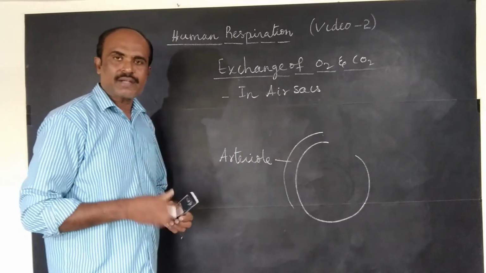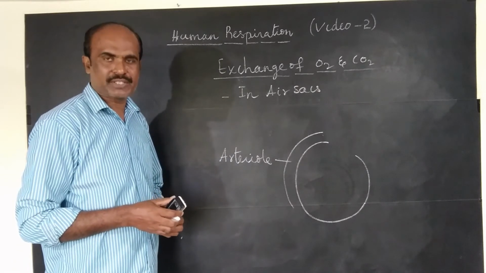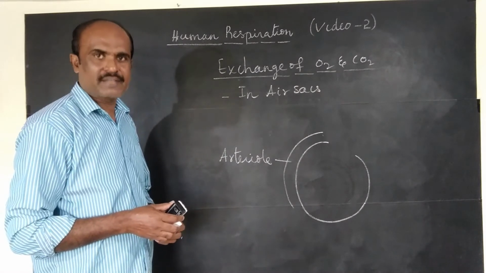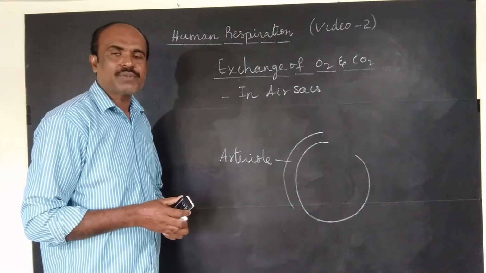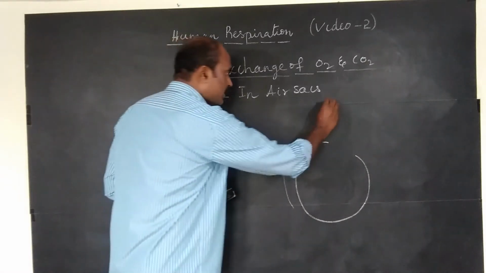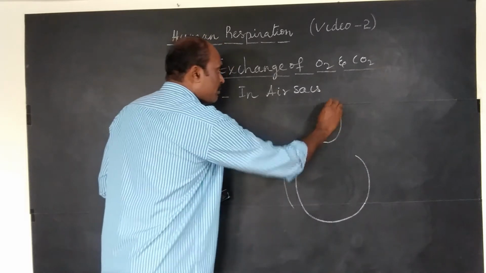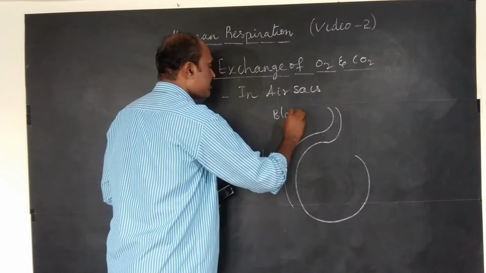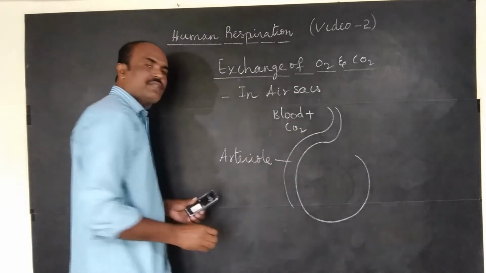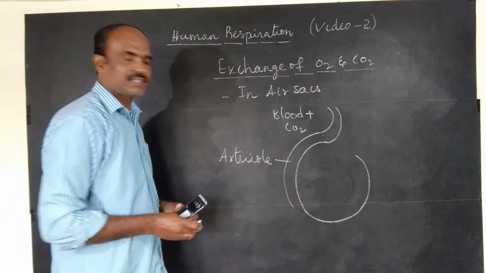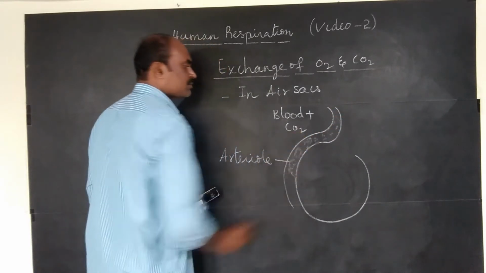From heart, blood with carbon dioxide is sent to lungs for purification through pulmonary artery. At air sacs, pulmonary artery divides into arterioles. Through these arterioles, blood with CO2, deoxygenated blood without oxygen and with carbon dioxide, comes.